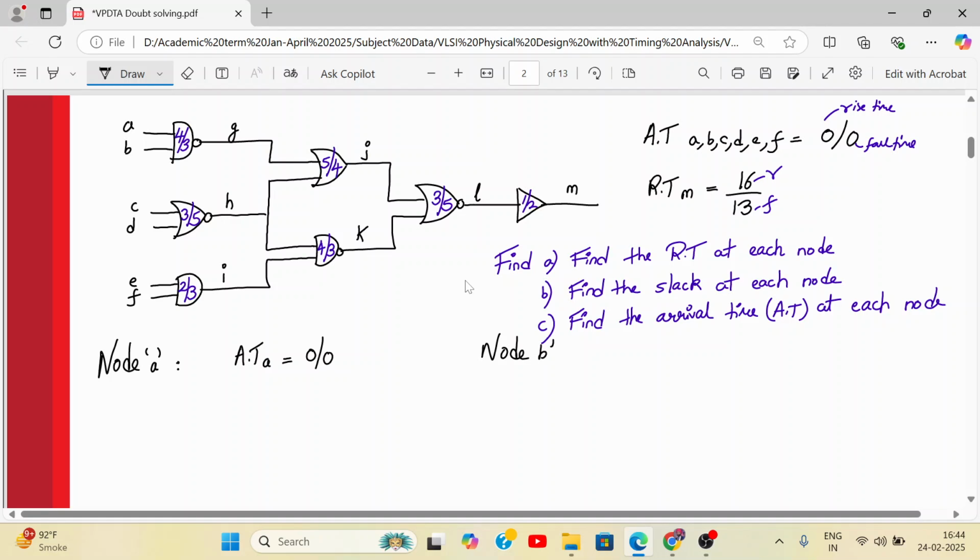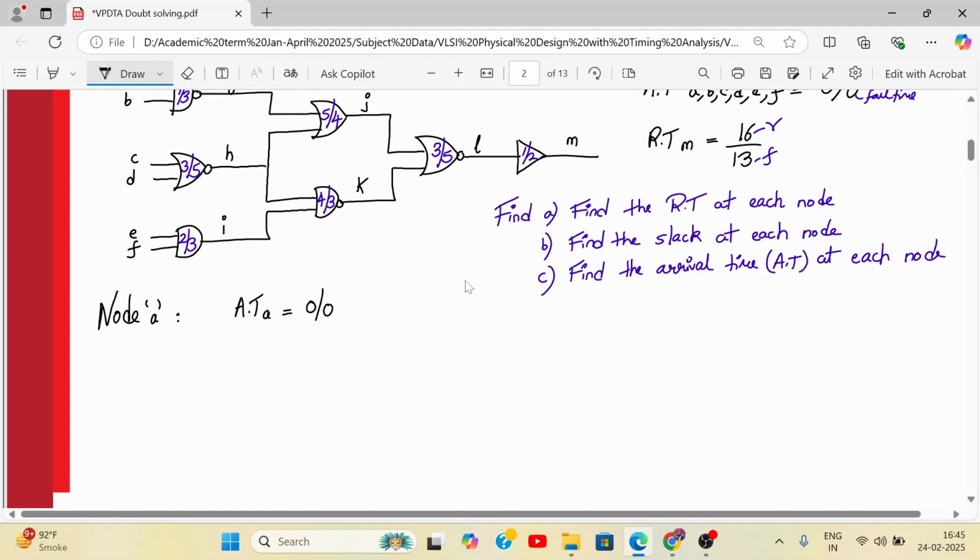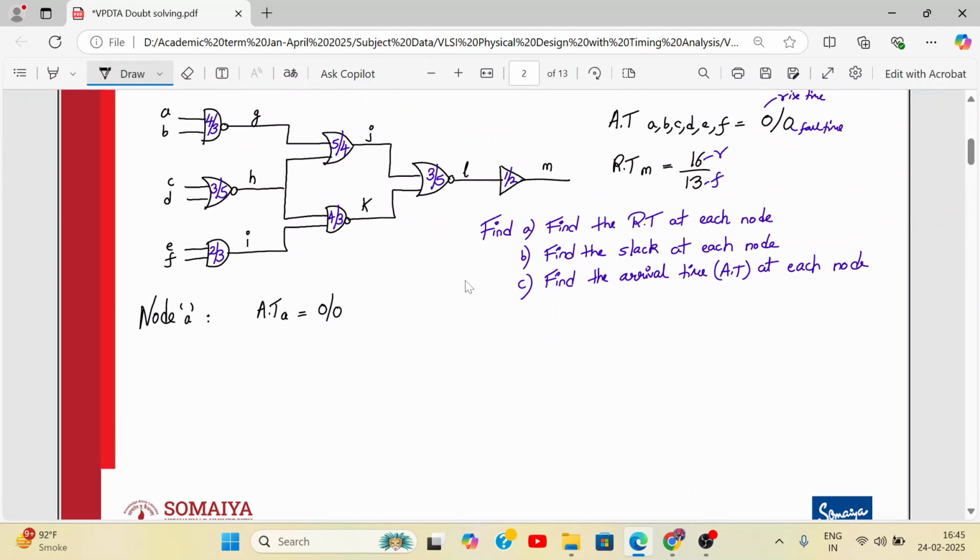For node B, the arrival time at node B is 0, 0, and at node C, arrival time is 0, 0. The rise time and the fall time is 0, 0.